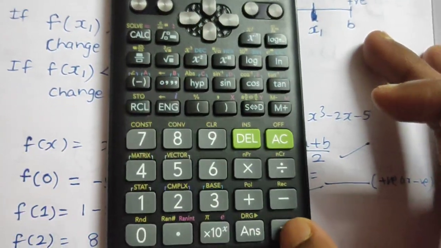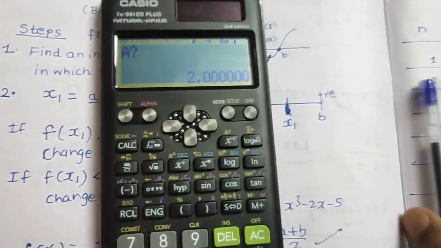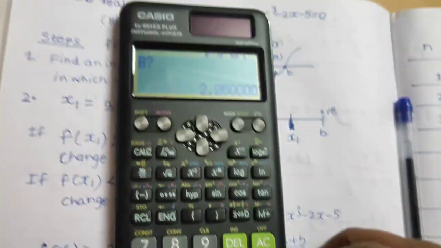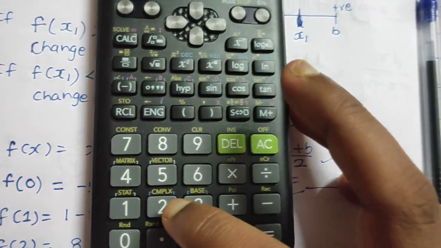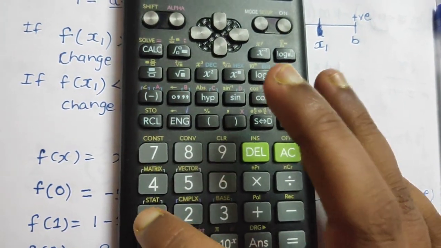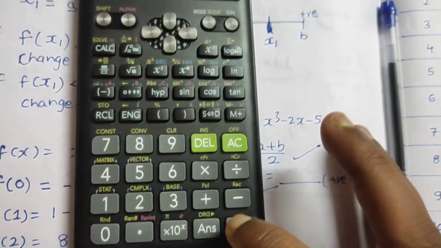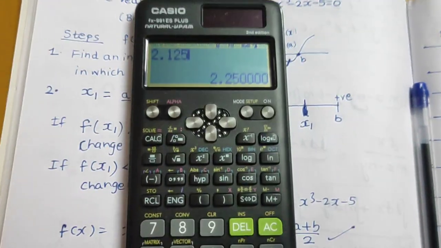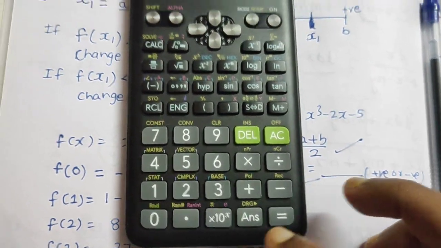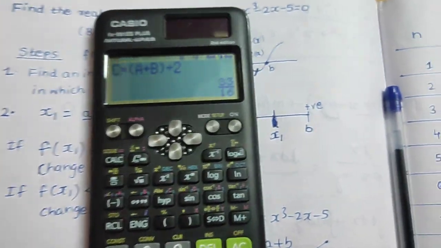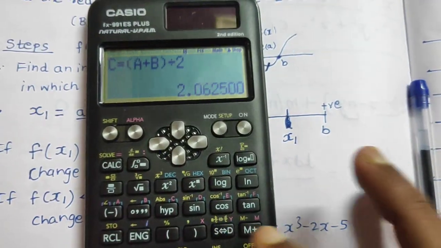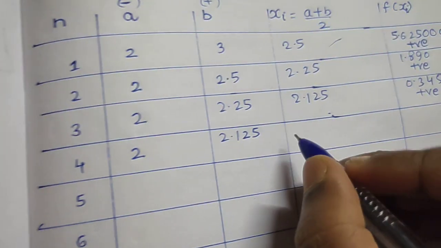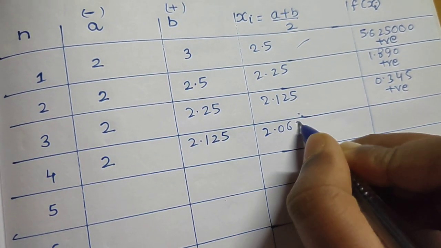Again, 2 is same, B is 2.125. Fine. Okay. So 2.125 and they are giving C as 2.0625.